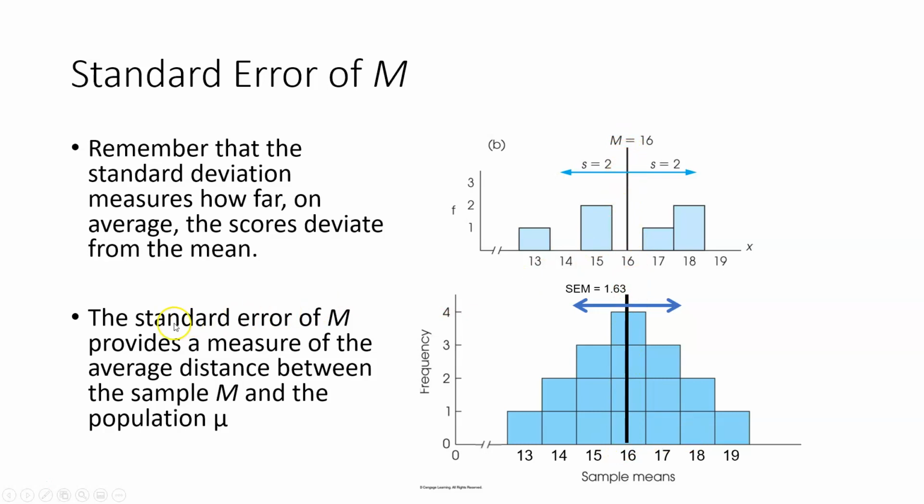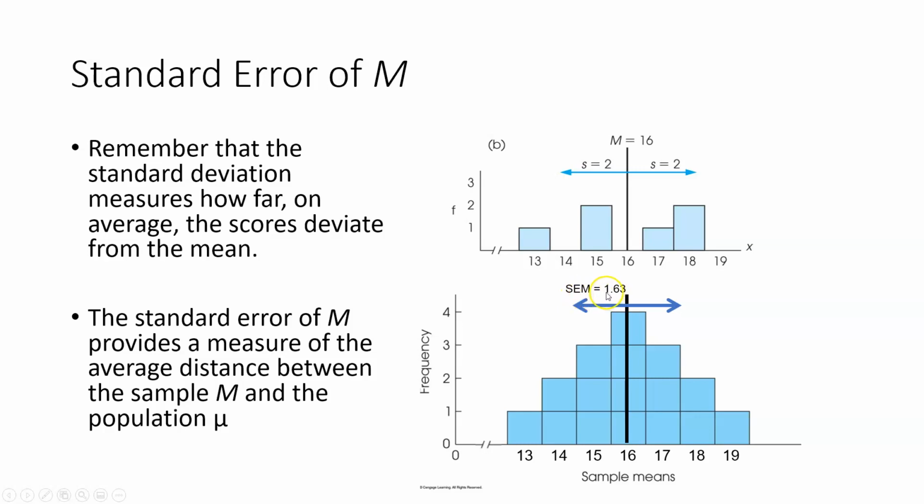Then we would indicate the standard error of the mean as a distance between each sample mean and the population mean. So typically, how far away do sample means in this distribution fall away from the population mean of 16?